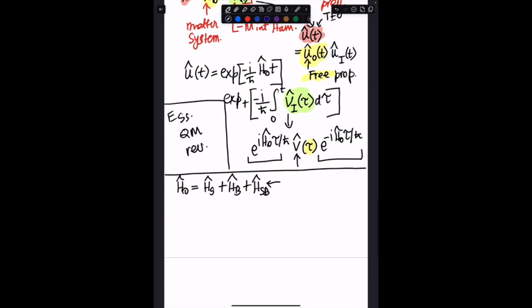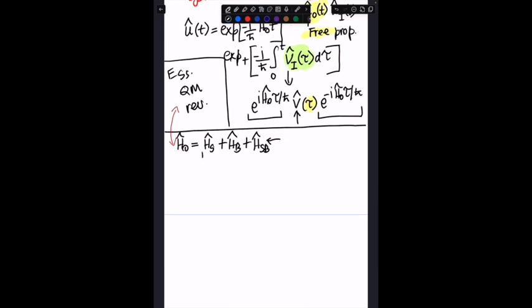So I'm just trying to draw parallels between what we have learned and how we can apply it to our current case so that there's a better flow in understanding. So now if we treat this as your time independent part and this as in your interaction picture, we need to define the interaction picture very clearly.